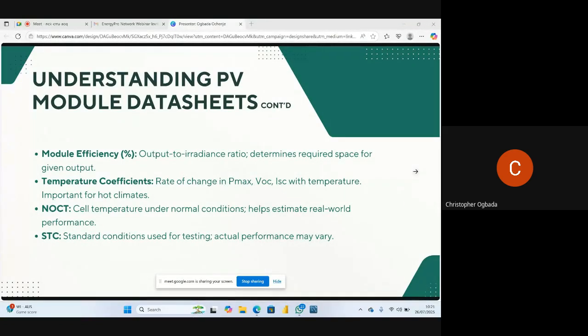But now, your module efficiency, when you look at your solar panels' data sheet, you see the efficiency. So far, the maximum efficiency I've seen is 23.5. We heard that one of the OEMs has been able to achieve 30% output. But what is common in the market today, the highest I've seen in our own market is like 23.